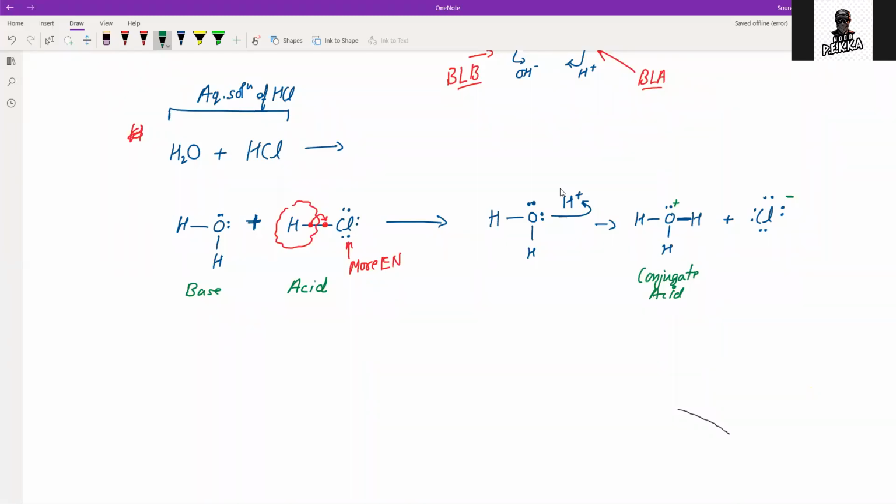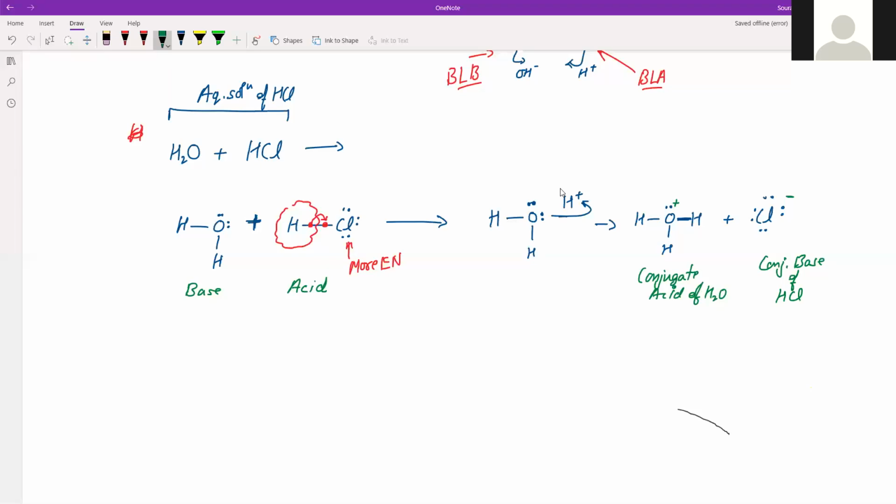So this is the conjugate acid of H2O. And in the same way, this is the conjugate base of HCl. A conjugate base is formed from an acid, and a conjugate acid is formed from a base, right? So this chloride ion is a conjugate base.